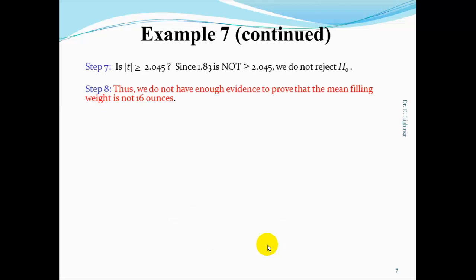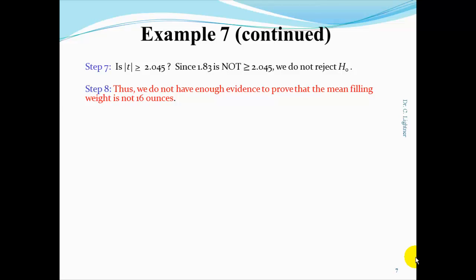In step 7, we should apply our rejection rule. Our rejection rule told us to reject H0 if the absolute value of T is greater than or equal to 2.045. Since our test statistic value 1.83 is not greater than or equal to 2.045, we do not reject H0.